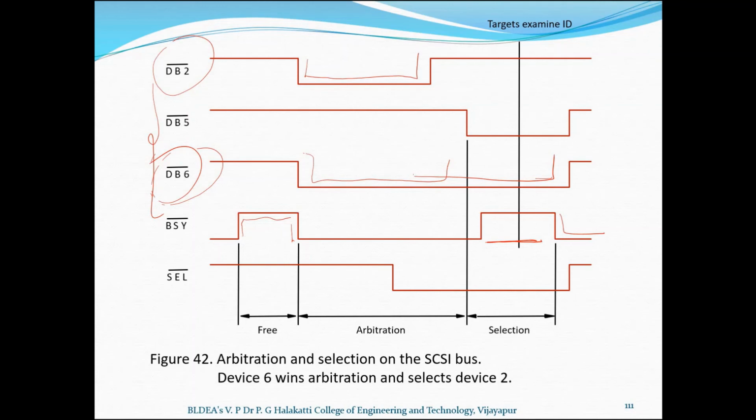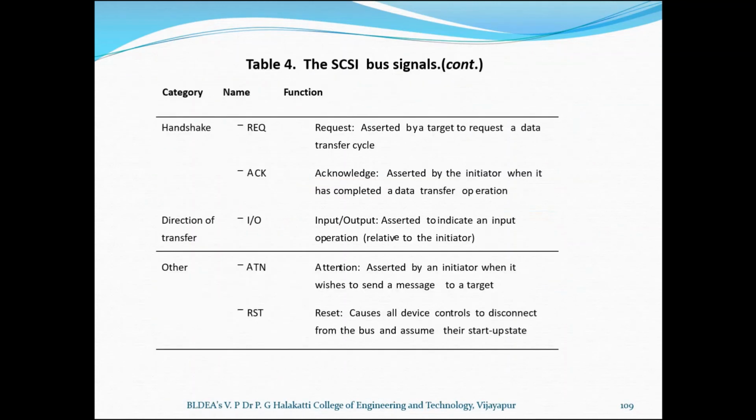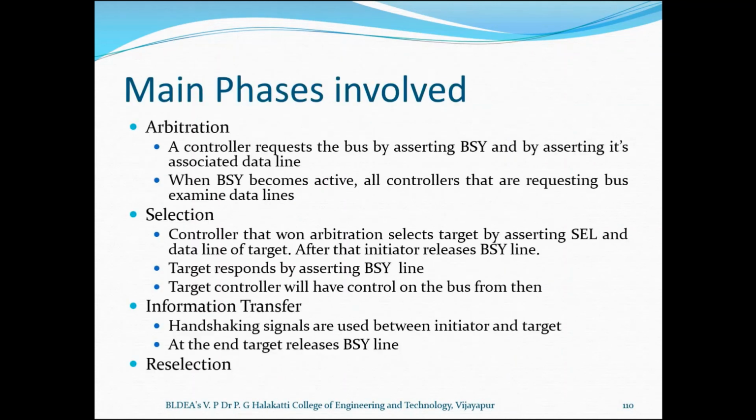Now, in the information transfer phase, the information consists of commands from the initiator to the target, status responses from the target to the initiator, and data being transferred to or from the input-output device.